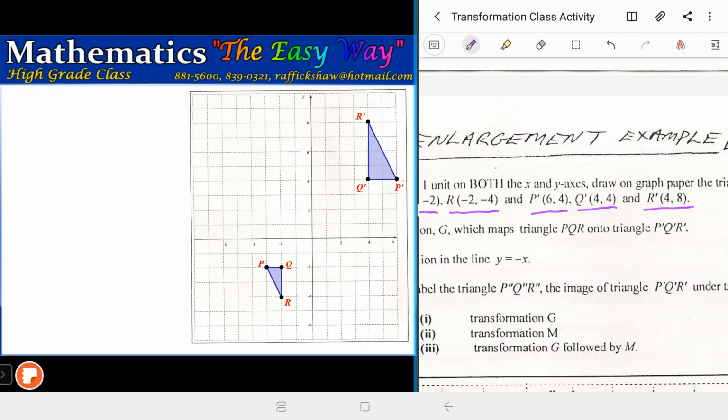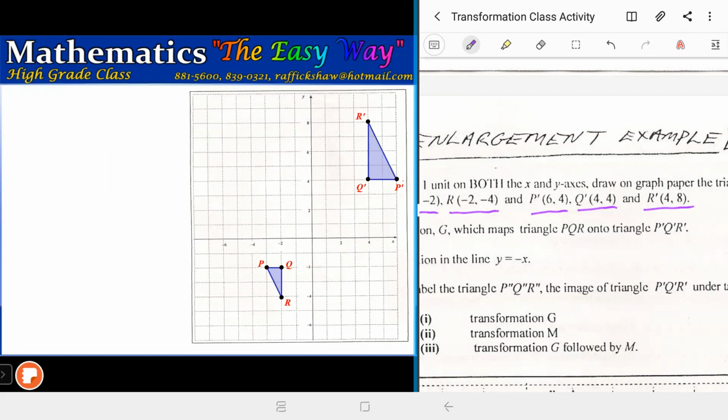Everybody pay attention. Before we even do anything, looking at these two diagrams, we can decipher some things without doing anything at all as yet, such that once you start asking questions, we know exactly what the answers are before we even do the questions. Firstly, we see that there's a change in size.